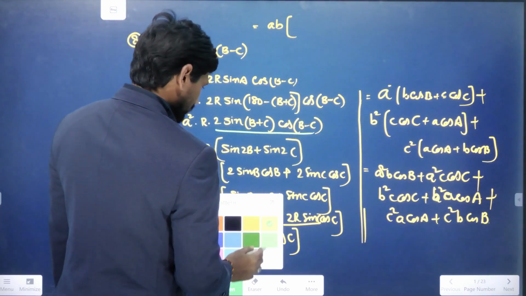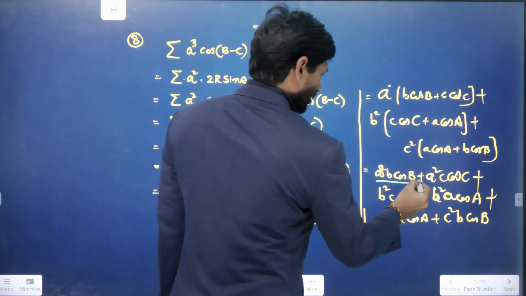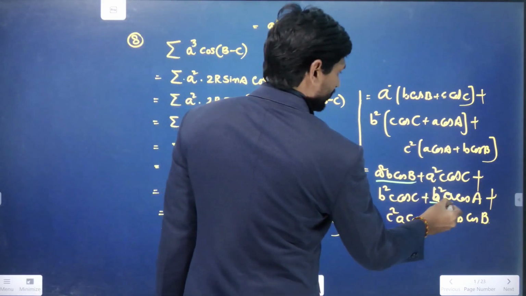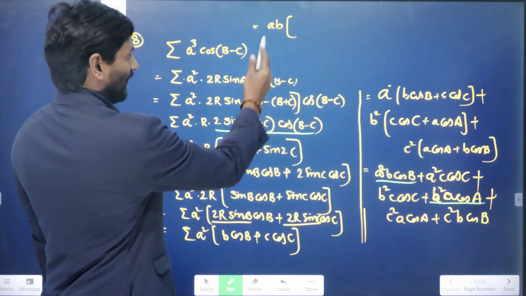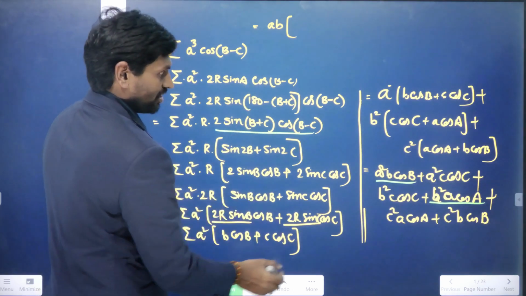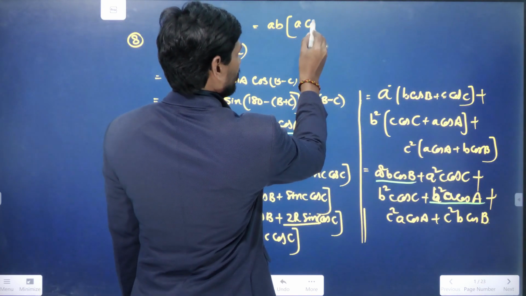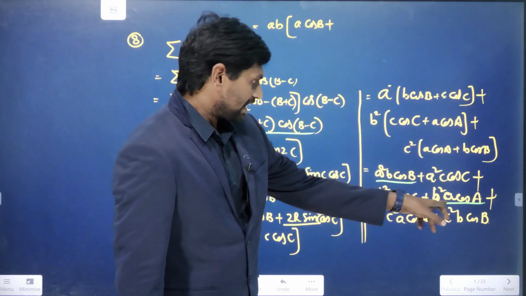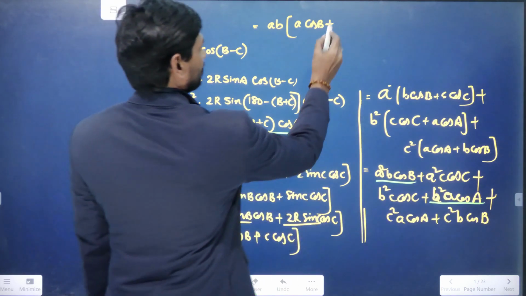So what are the AB terms here? a square b cos b, and a square b cos a. From these two terms, I have taken AB as a common term. Then what is remaining? a cos b remaining, plus from this, if I take AB common, b cos a remaining.